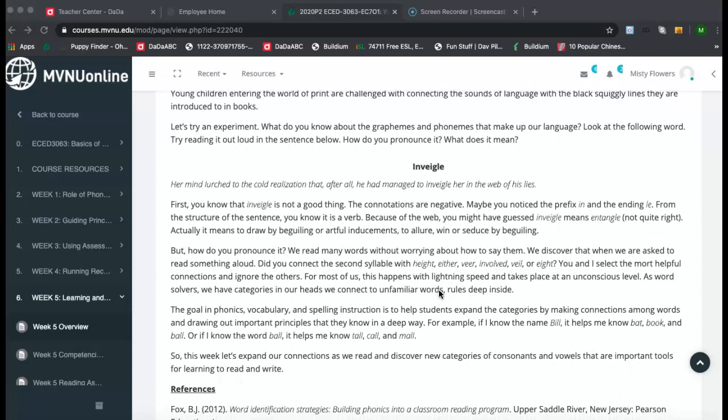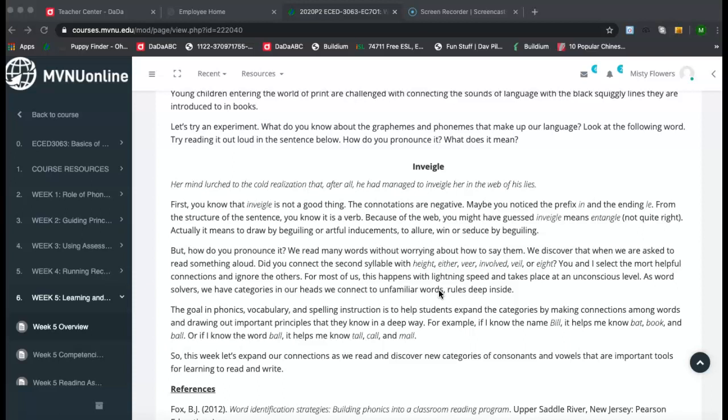The goal in phonics, vocabulary, spelling instruction, word study is to help students expand the categories by making connections among words and drawing out important principles that they know in a deep way. For example, if I know the name Bill, it helps me know bat, book, and ball.